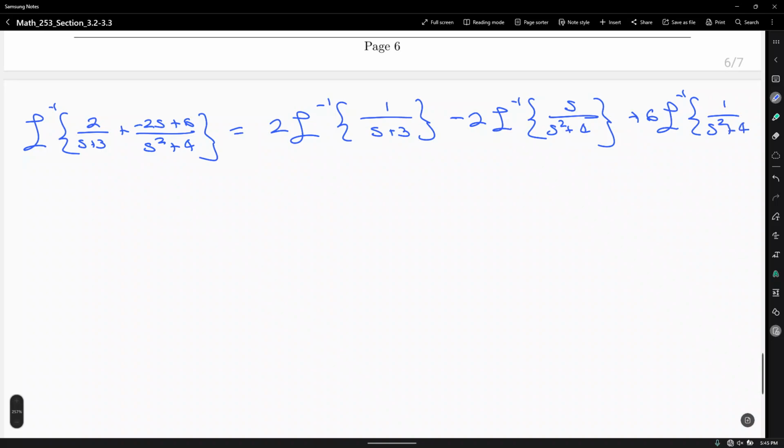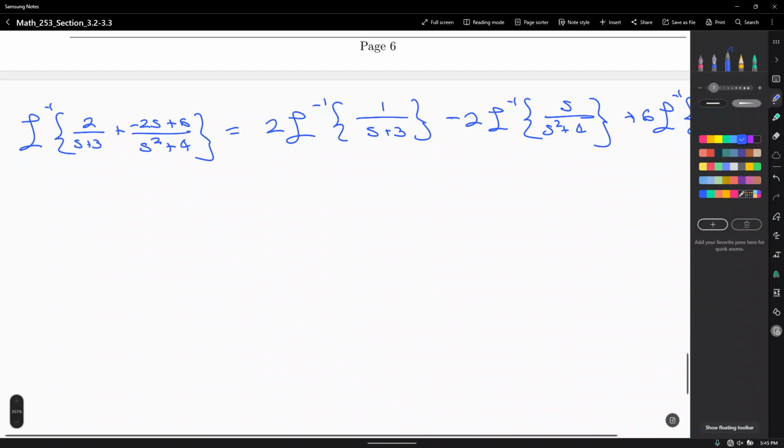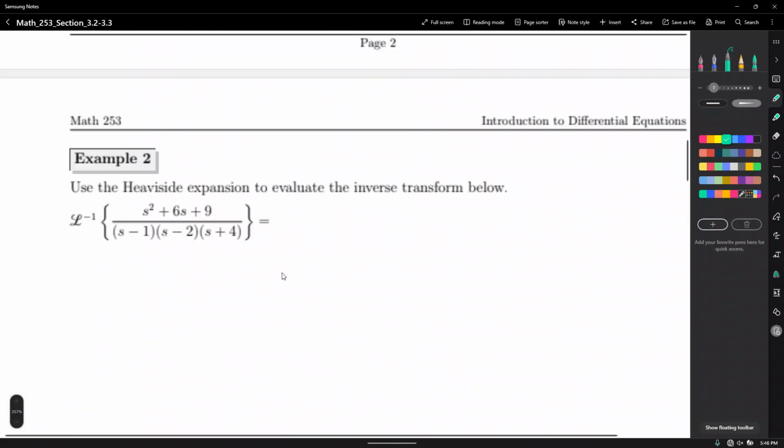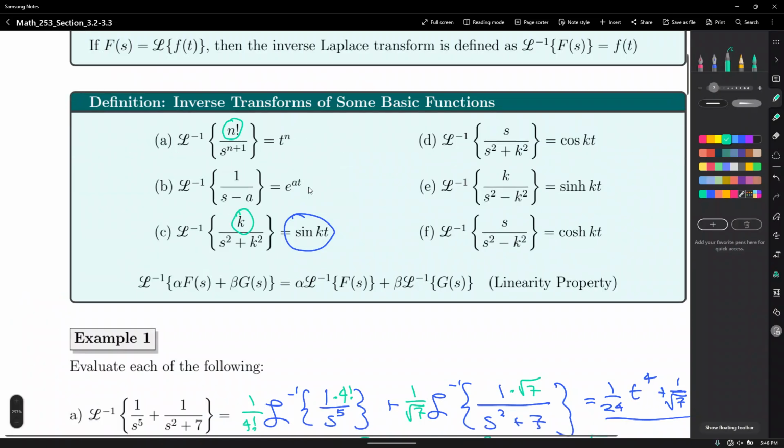There's not much to do here, because did you guys agree that s plus 3 is the same as saying s minus negative 3? This is just so we can adapt this to our formula, because the inverse transform that gives us the exponential function is 1 over s minus a, which is e to the at.